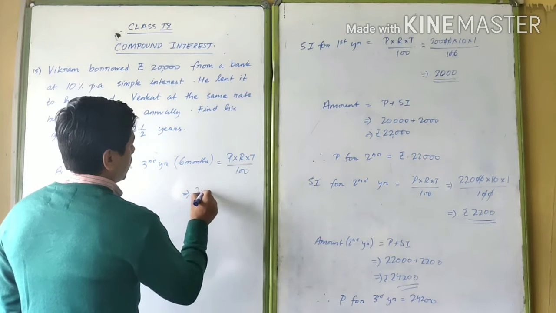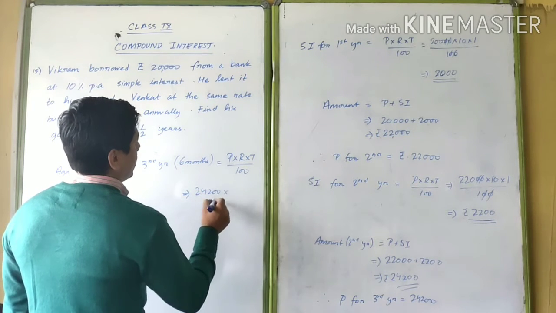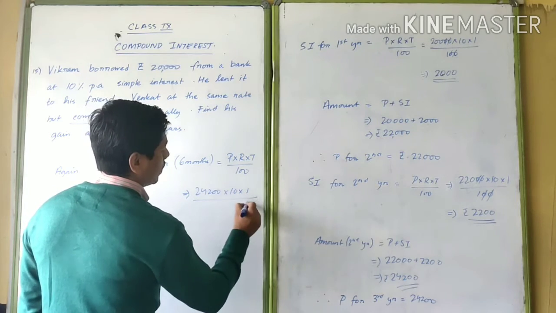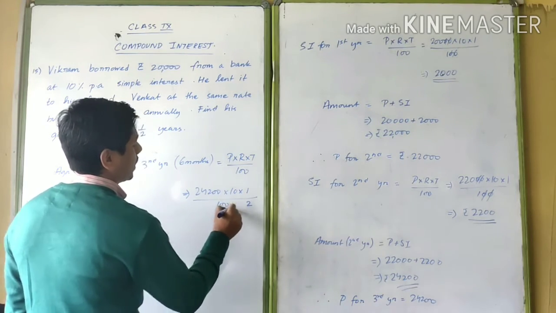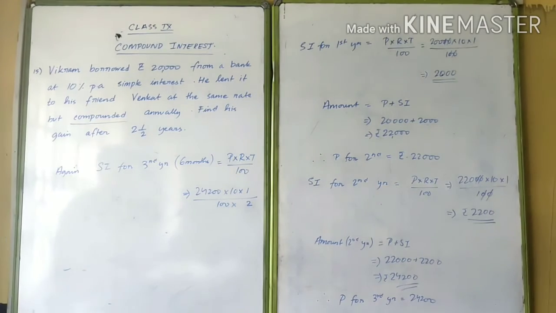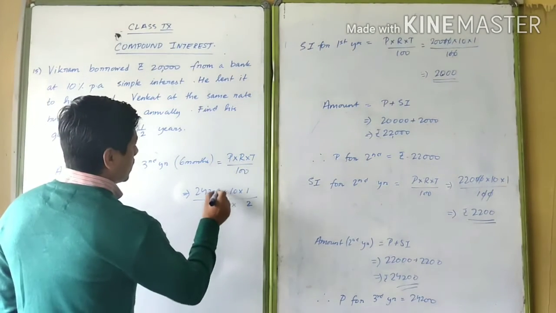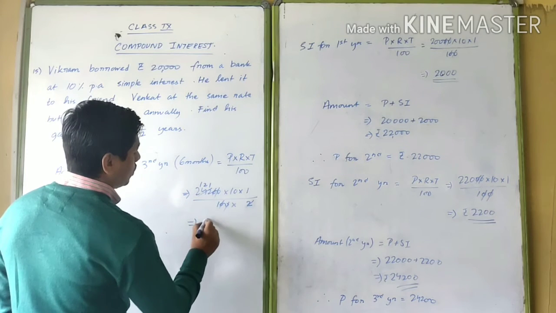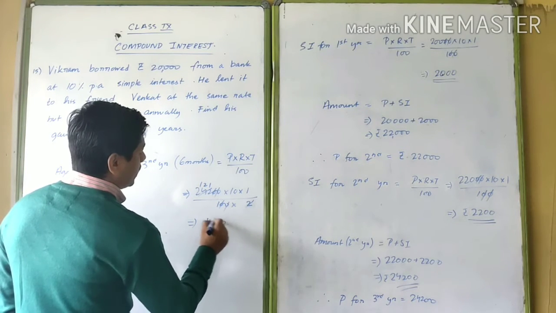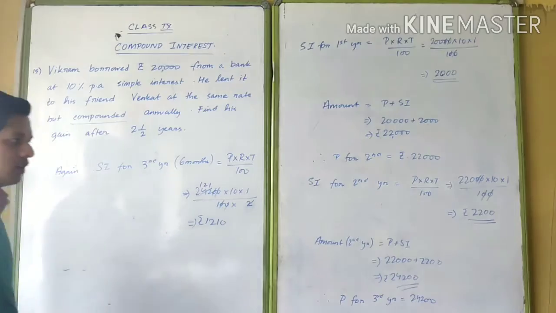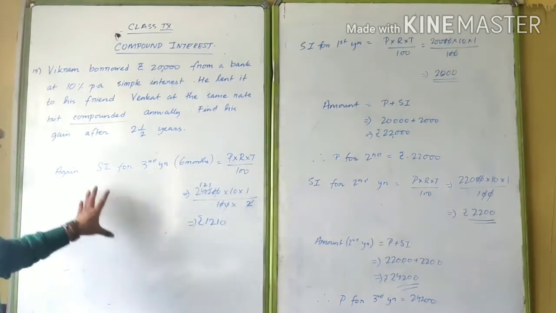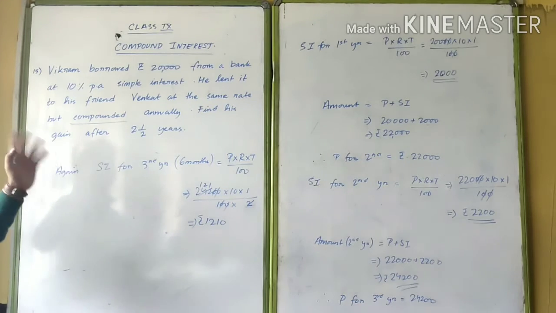My P is 24,200, my rate is 10%, but the time will be half year, 1 by 2, because we are calculating for only 6 months. So 0 gets cancelled, 2 1 2 1, so 1,210 rupees. Now we will find the total CI and subtract the SI from it and we will get the answer.